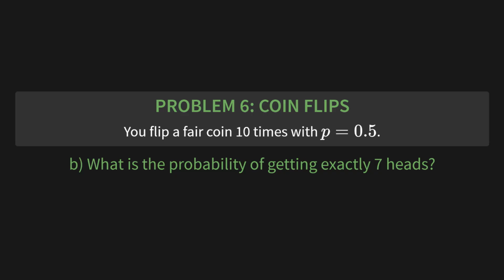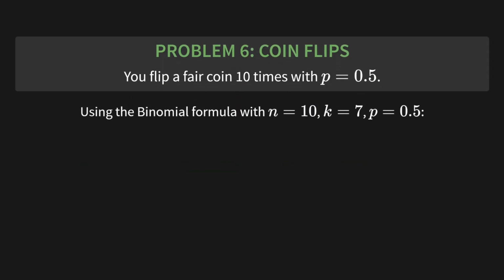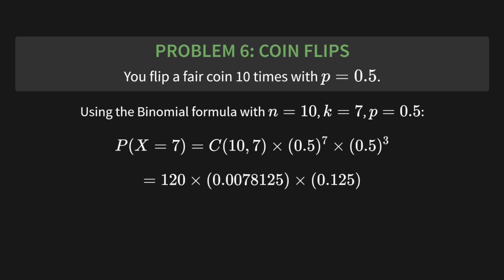Let's use our formula. We're using the binomial formula with n equals 10, k equals 7, and p equals 0.5. So the probability that our random variable x equals 7 is C(10, 7) times 0.5 to the power of 7 times 0.5 to the power of 3.